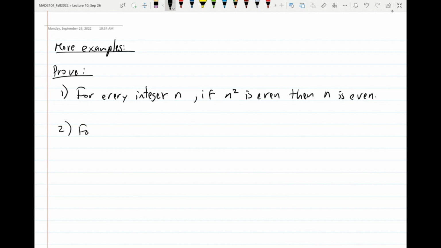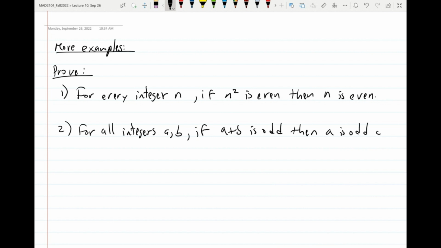2. For all integers a and b, if a plus b is odd, then a is odd or b is odd.